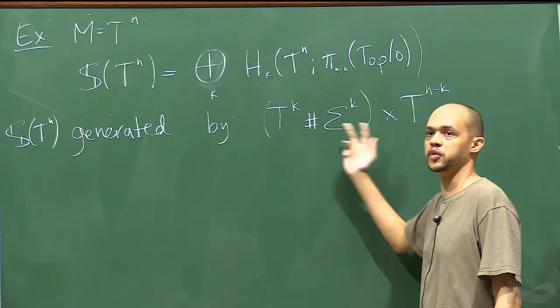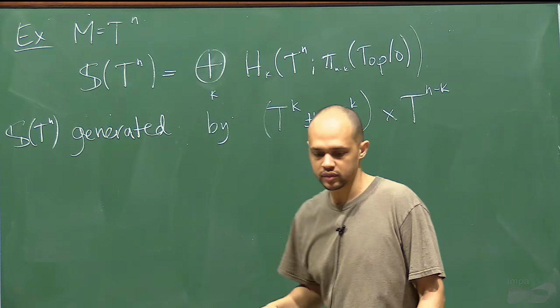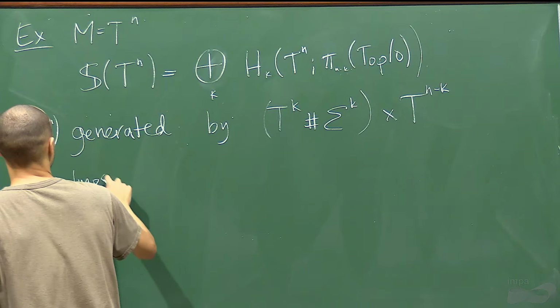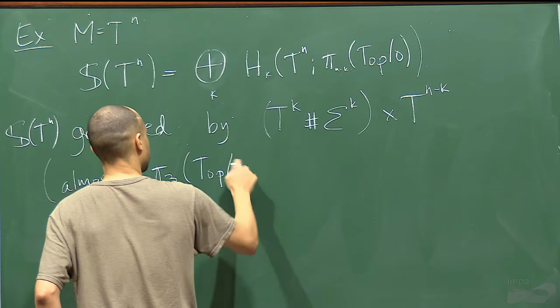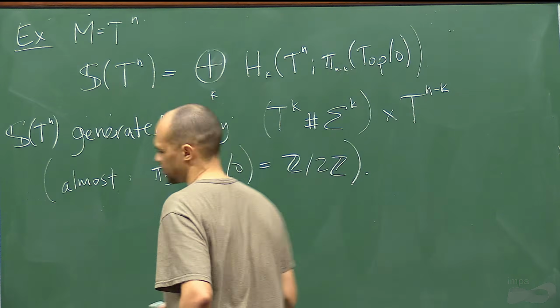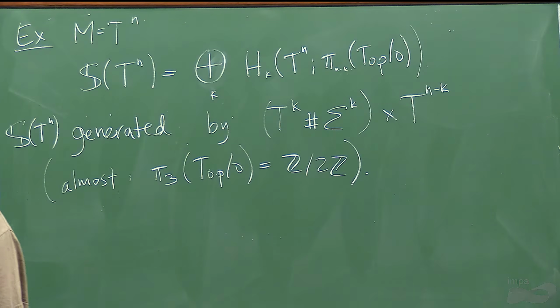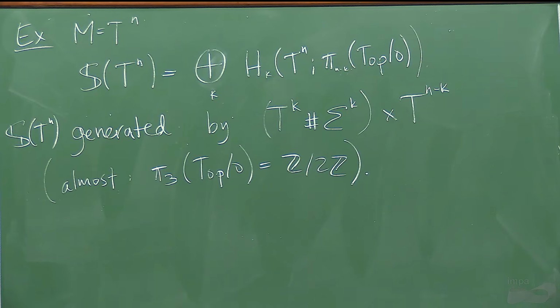And this would be an exotic smoothing of T^n. This is almost true, except for the fact that pi_3 of Top/O is Z/2Z, which doesn't correspond to connect sum with a homotopy sphere. This corresponds to changing the PL structure.